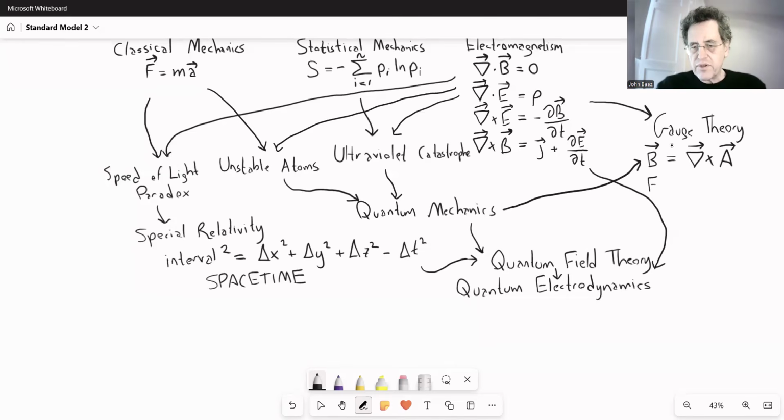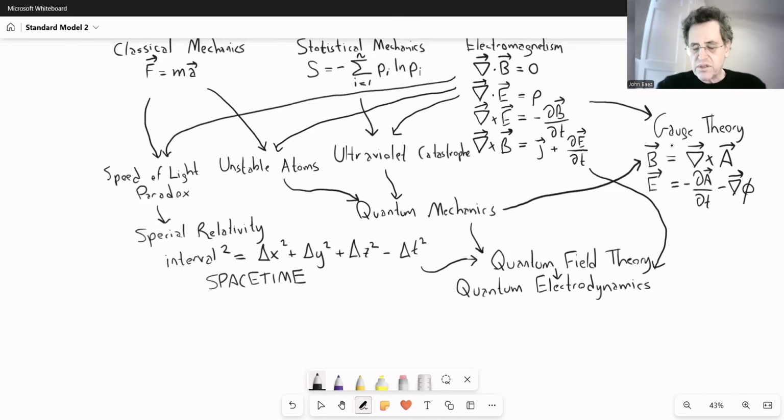Similarly, the electric field is not the fundamental thing. It's actually minus the time derivative of the vector potential, but then also minus the gradient of some function called the scalar potential, sometimes called the electrostatic potential.